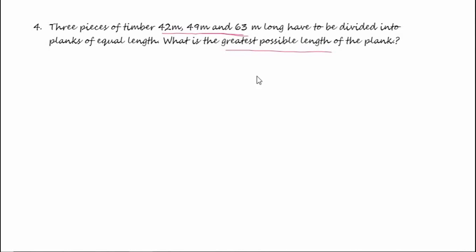So let us do the prime factorization. 42 divided by 2 is 21, 3, 7. Now 49 divided by 7, and 63, 21, 3 and 7.